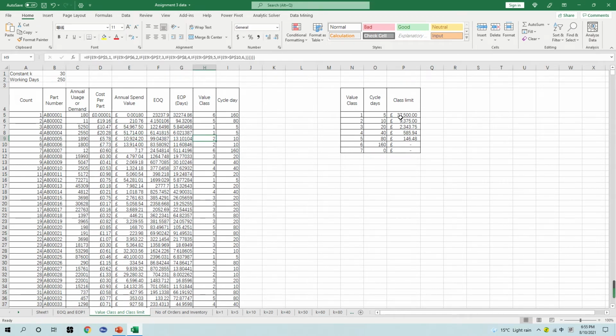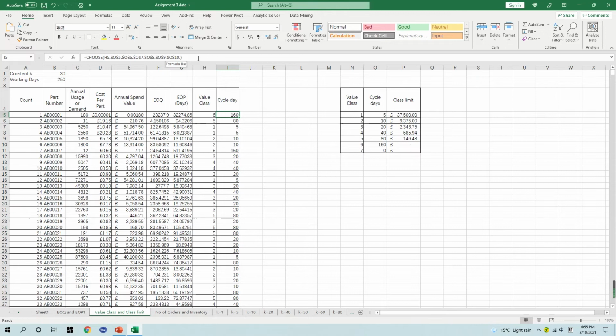Therefore, we apply this to all these 200 items. Now we have classified every item into their value class, and then we need to match the cycle days with the value class. You can see the formula by looking here.